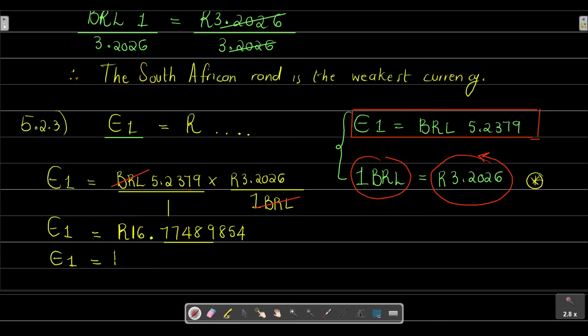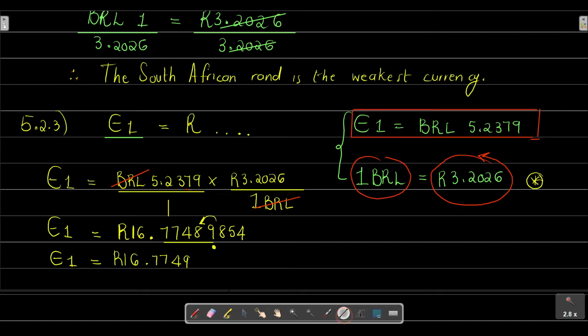It will be 16.774. To round it off, we look at the 5th digit after the decimal point, and because this 5th digit is greater than 5, we need to take that 8 up by 1 unit, so it's going to be 9.